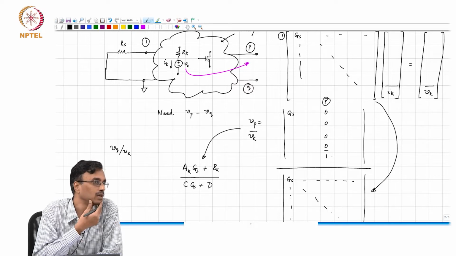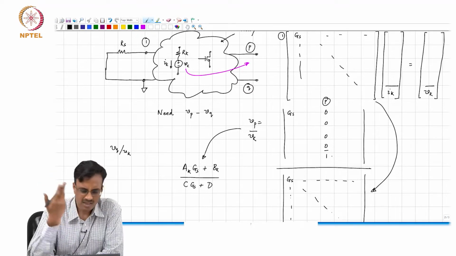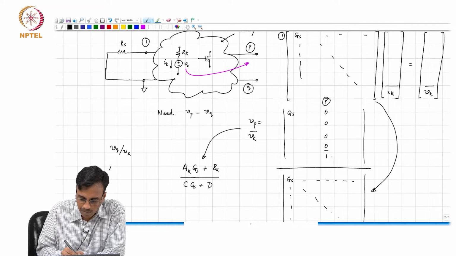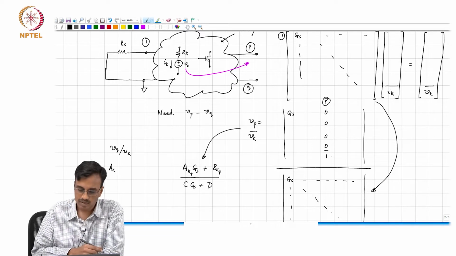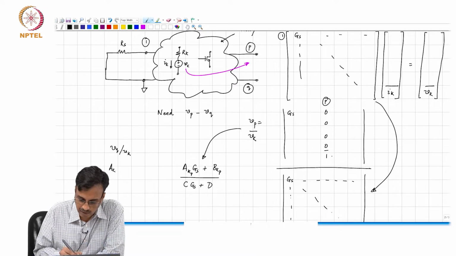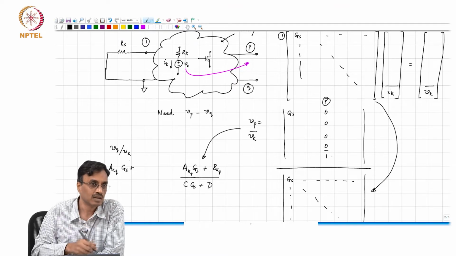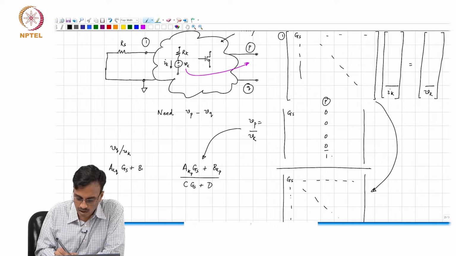Yes, people, you will get a similar form, except that it will be some, whatever, right. I am going to call this AKQ, just to make, running out of subscripts here. So, this is AKQ times GS plus BKQ.